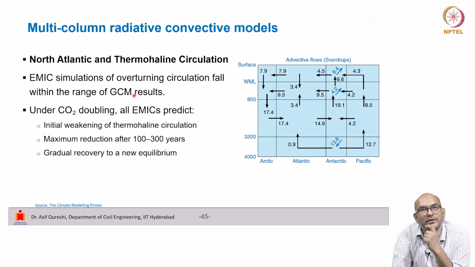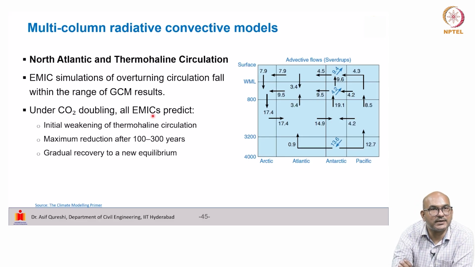And what kind of results are we looking at? For example, under CO2 doubling, the doubling of CO2 concentration, all the different models of intermediate complexity predict an initial weakening of the thermohaline circulation. So the circulation becomes slower.